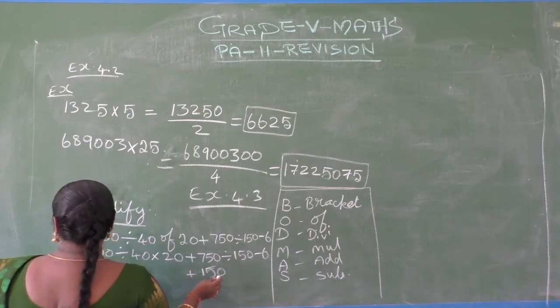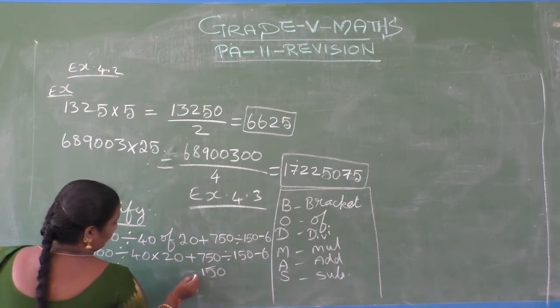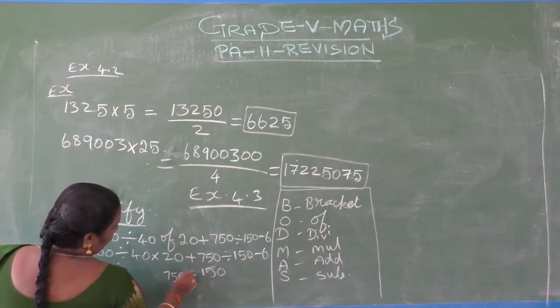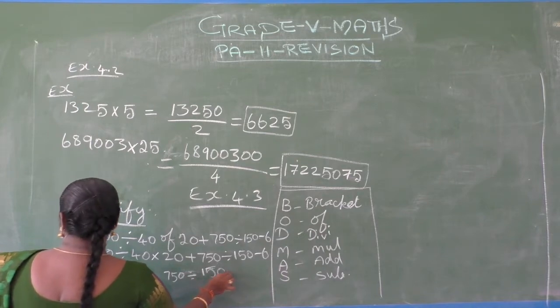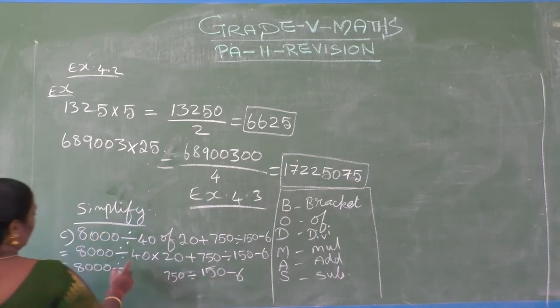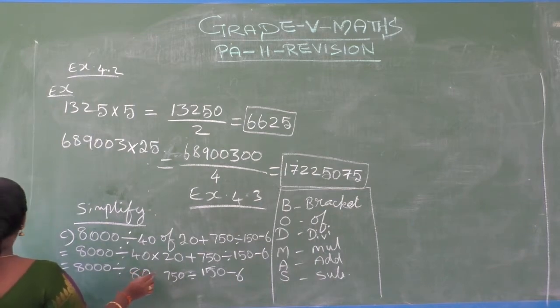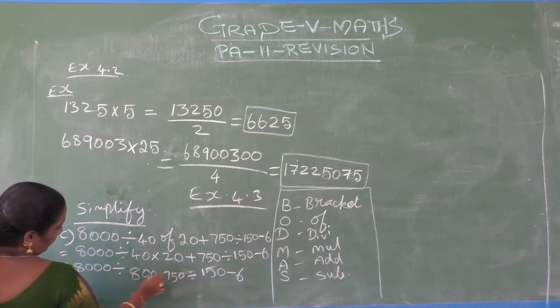Here 2 4s are 8, that means 800 plus 750 divided by 150 minus 6.